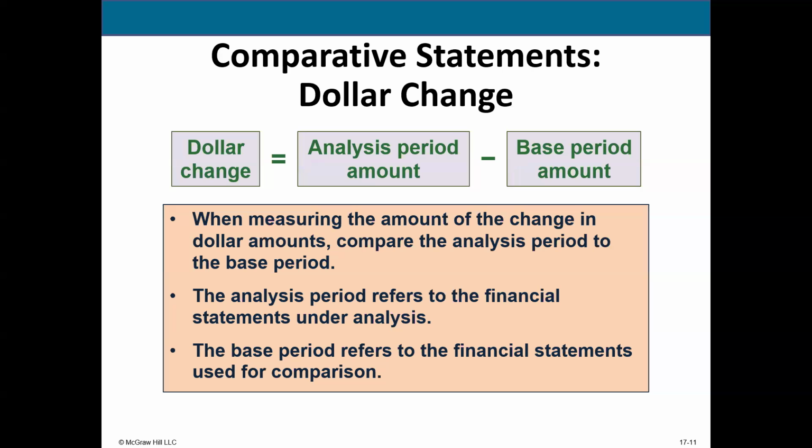When you see the term base year, it's typically whatever year is oldest in the data that you have. Okay, that's really what it refers to. So if I'm looking at 3 different years, the base year is the oldest year. So it'd be 2023, for example, 2025 compared to 2023.